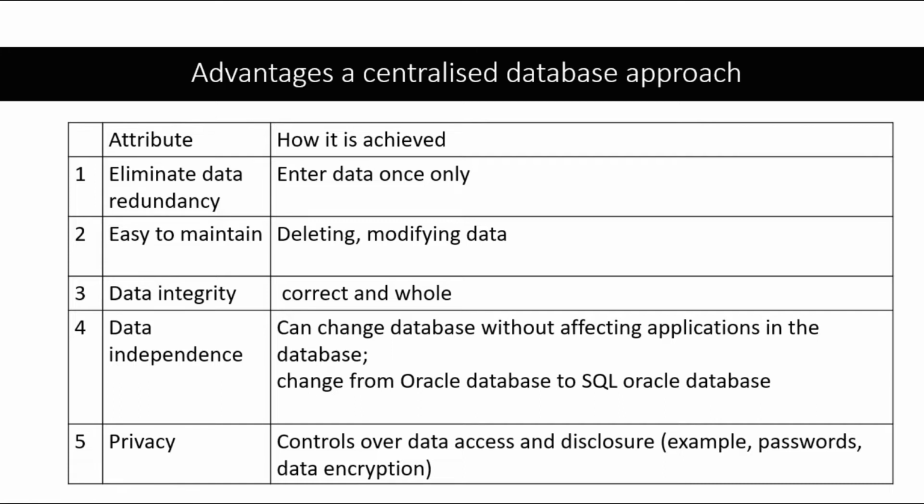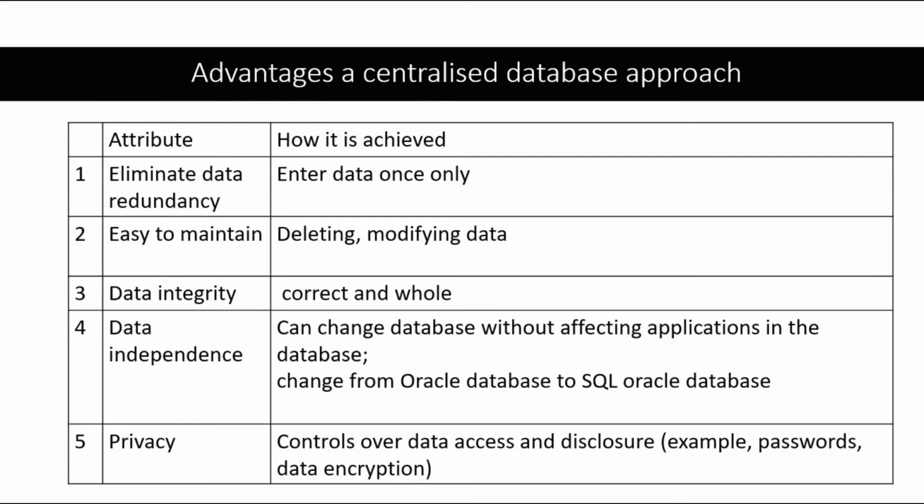There are 5 advantages of a centralized database. The first one, it eliminates data redundancy. Once the data is entered, it's entered only once into the enterprise, goes into the database file, and sits there. Second, it's easy to maintain data. You can delete or modify data, and it's that single piece of data that's been deleted or modified.